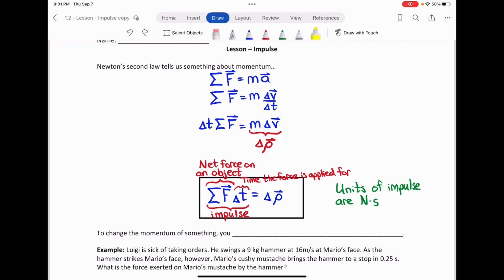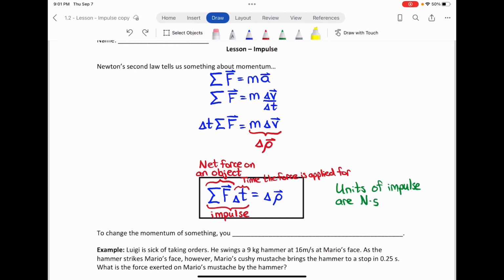Convention, however, is that when we're talking about momentum, we use kilogram meters per second, and when we're talking about impulse, we use newton seconds. However, this formula tells us that impulse is equal to the change in momentum, so it's really not that important which one we're talking about, since they're effectively the same thing.